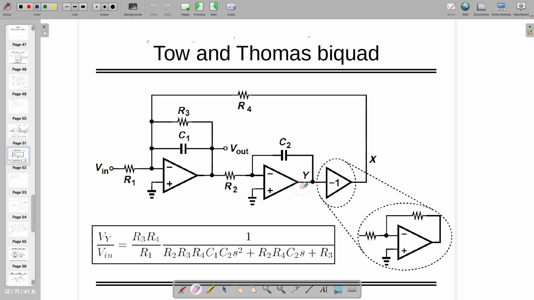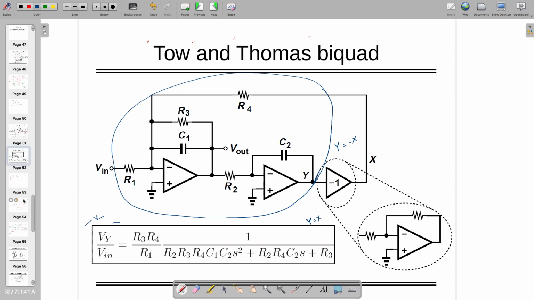So what he is saying, if I have such a circuit and I can copy the whole thing, here the output y is equal to minus x. So if I draw the same circuit on the other side, because it's differential, y is equal to x on the other side, because this side v in will be minus v in.